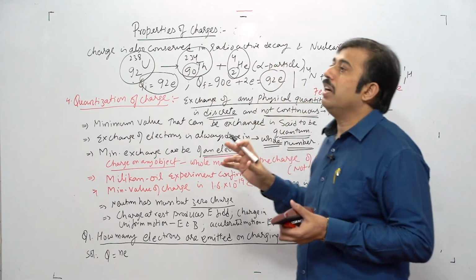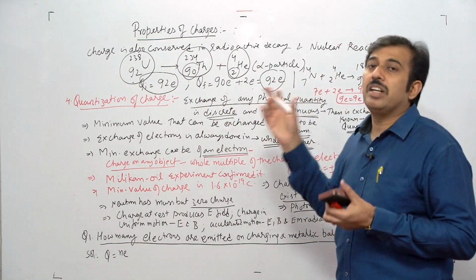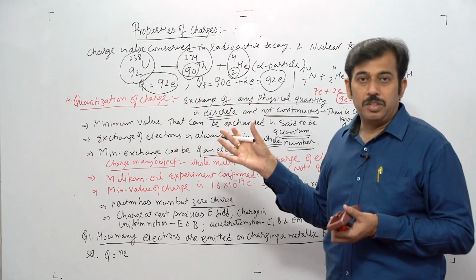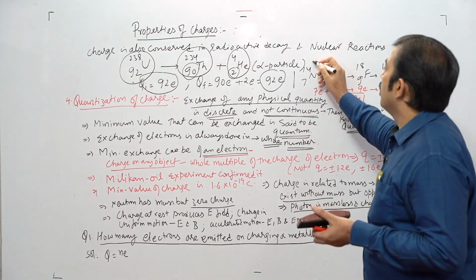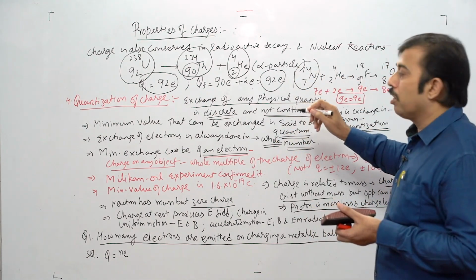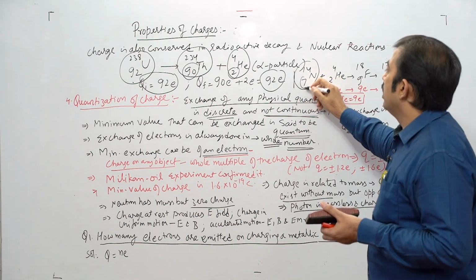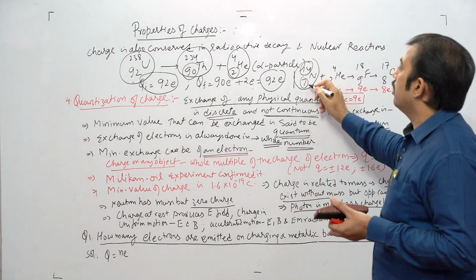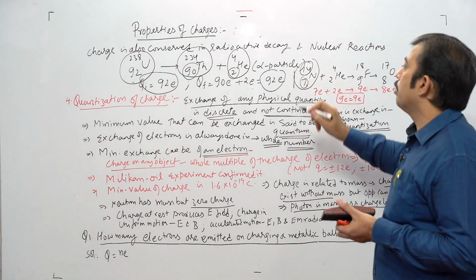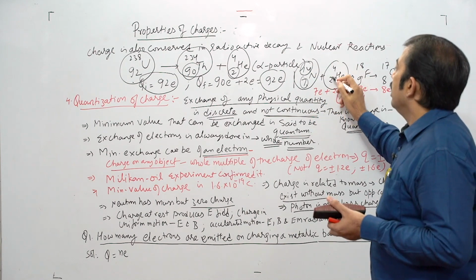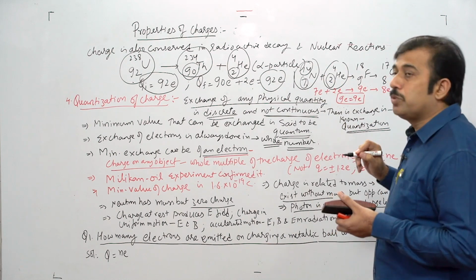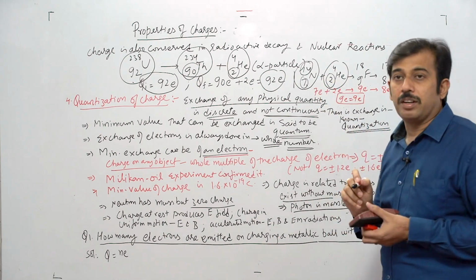Apart from radioactive decay, let's see where else the conservation of charge occurs. We can take a simple example: 7N14, that is nitrogen. This is the atomic number and this is the mass number. The atomic number of nitrogen is 7 and the mass number is 14. When it combines with the alpha particle, the charge is 2 here and 7 here.